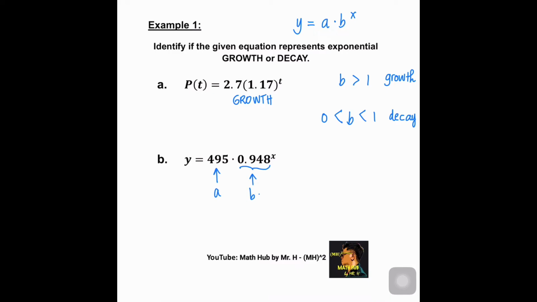Since b is greater than 0 but less than 1, that's exponential decay. So remember that this is the growth factor, and this is the decay factor. Let's take a look at example number 2.